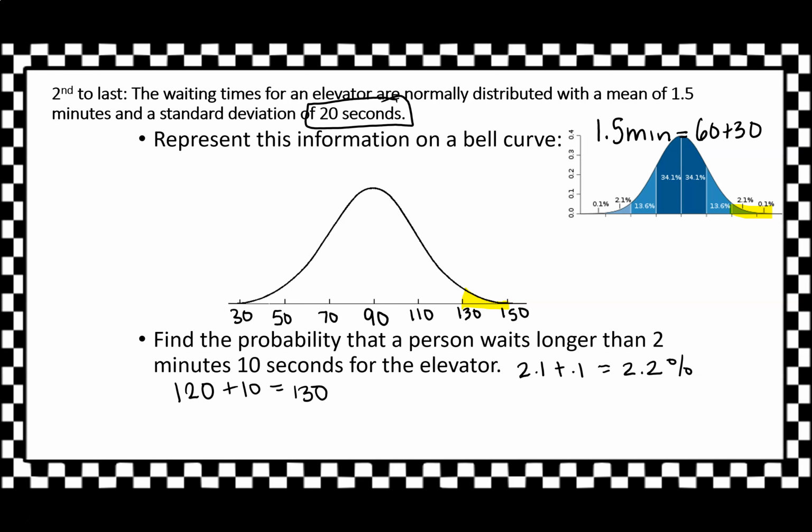However, it asked me for probability. So I'm going to say that this is actually 2.2 out of 100. That's how percents work. I'm going to multiply both of these by 10 or move the decimal 1 and add a 0. So that's going to give me 22 over 100.